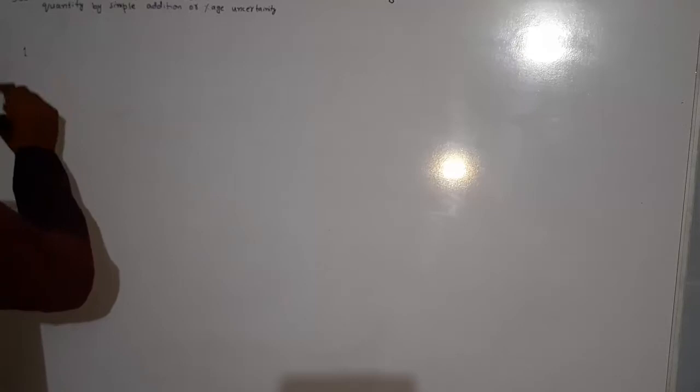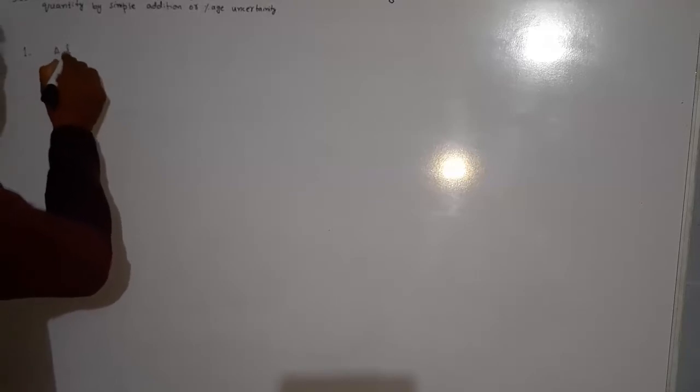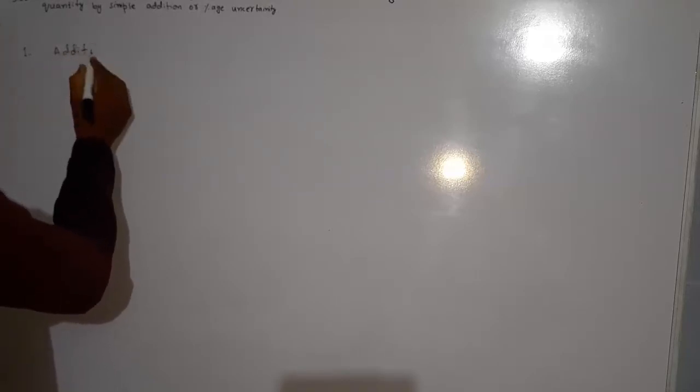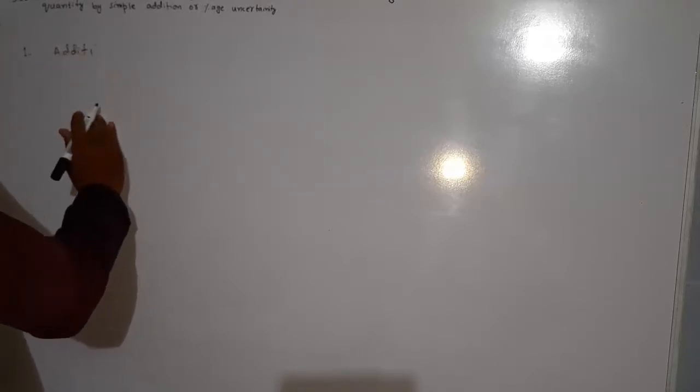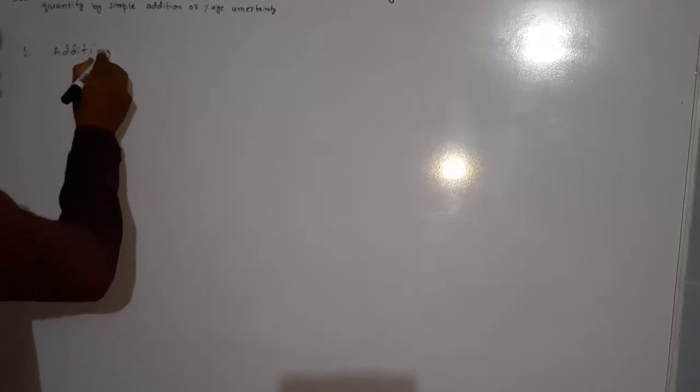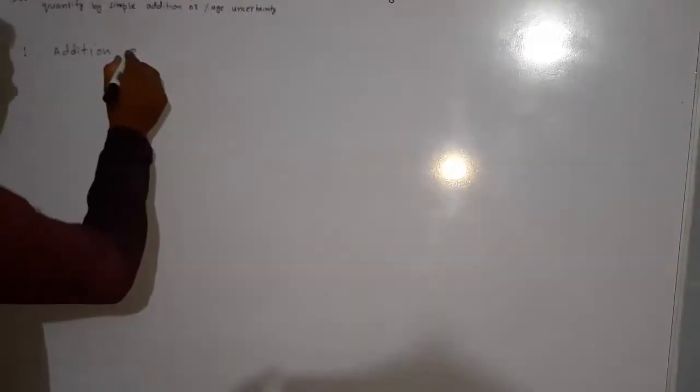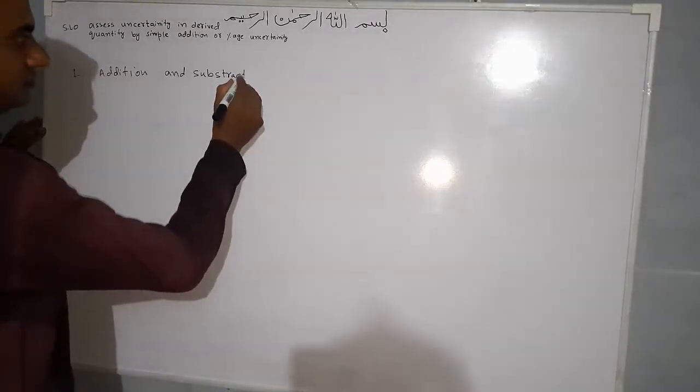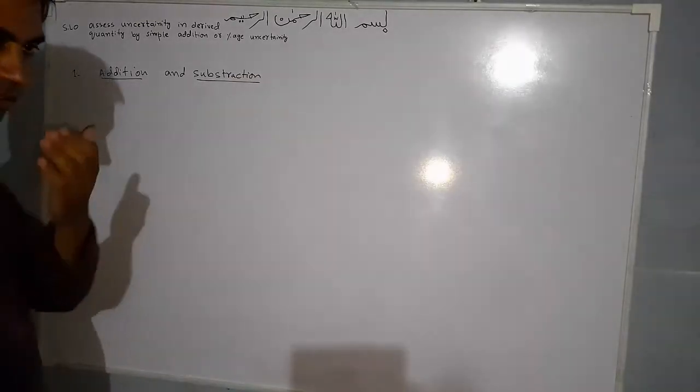So the first case, for the uncertainty in the derived quantity, is addition or subtraction. The rule is the same for addition as well as for subtraction.